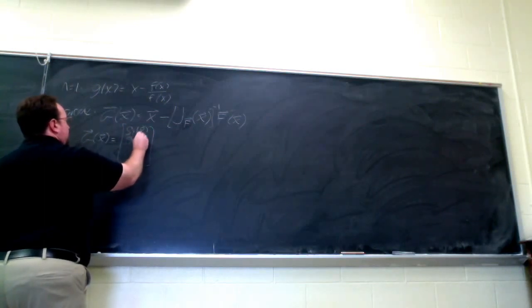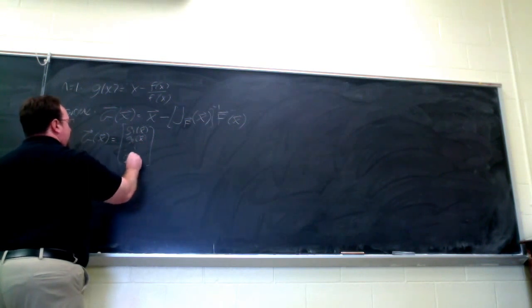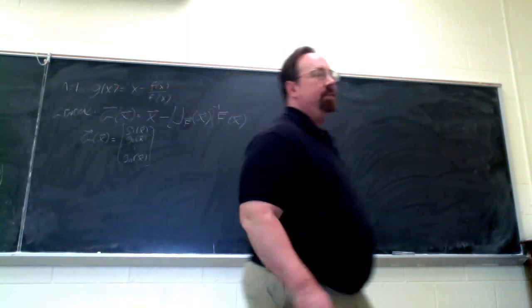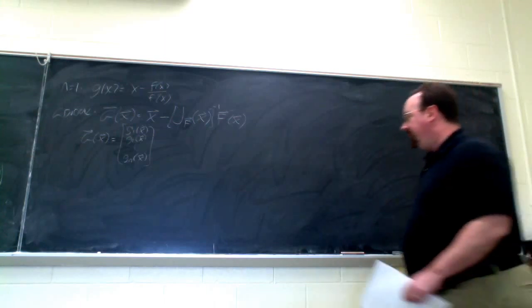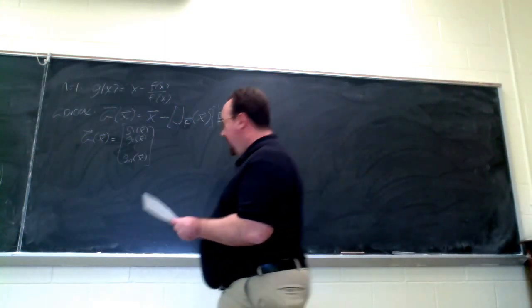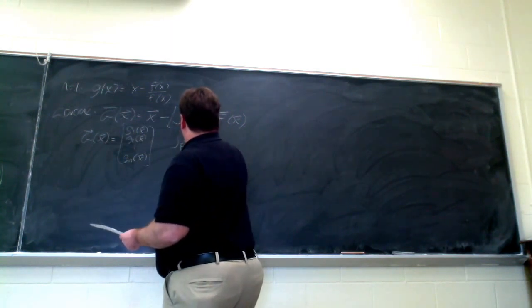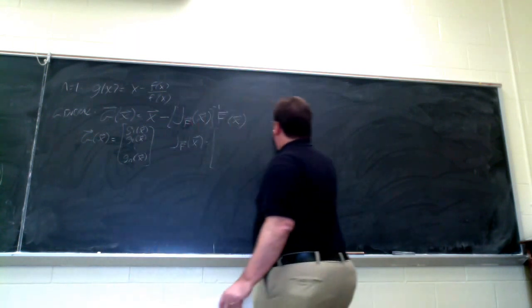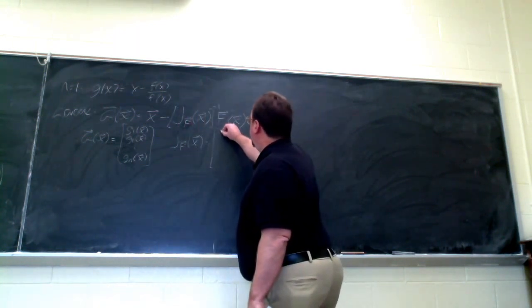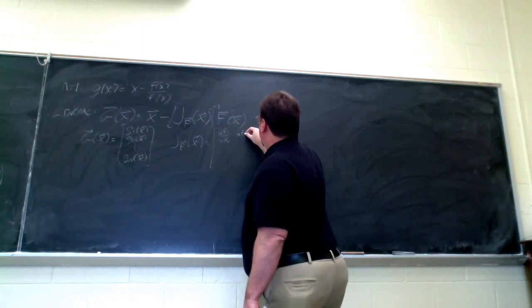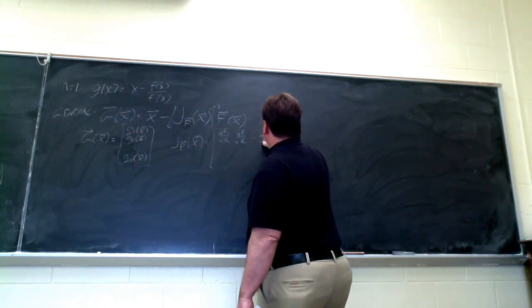Keep in mind g of x has component functions g1 of x, g2 of x, down to gn of x. And big F has component functions F1, F2 up to Fn, all defined in the same way. Now, the Jacobian of F is a matrix that has as elements the partial derivative of F1 with respect to x1, partial of F1 with respect to x2, and so forth, all the way to xn.